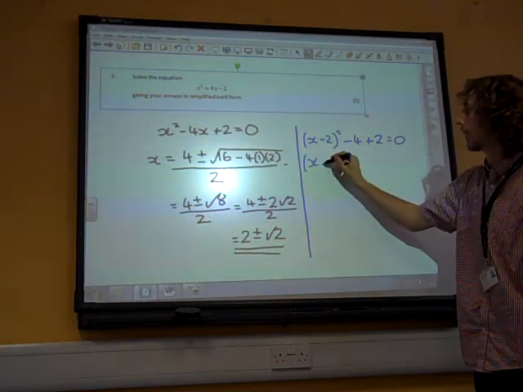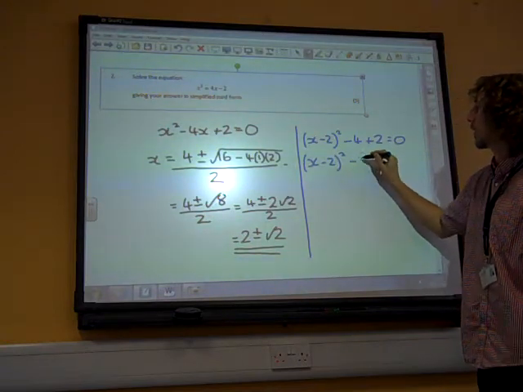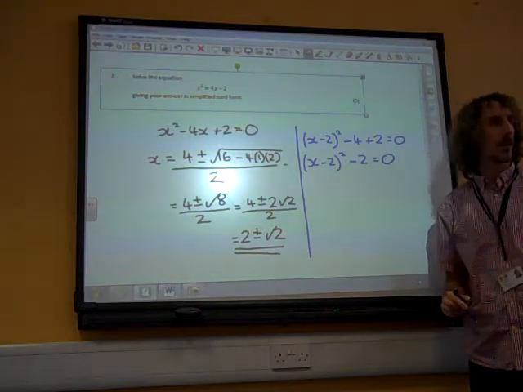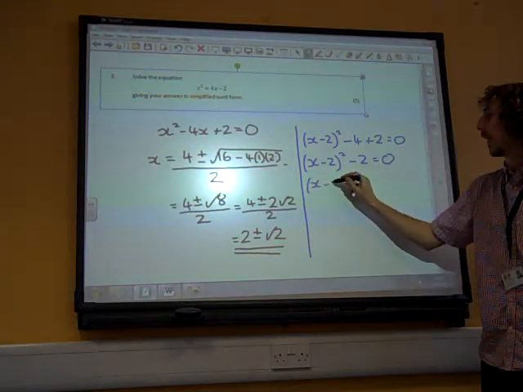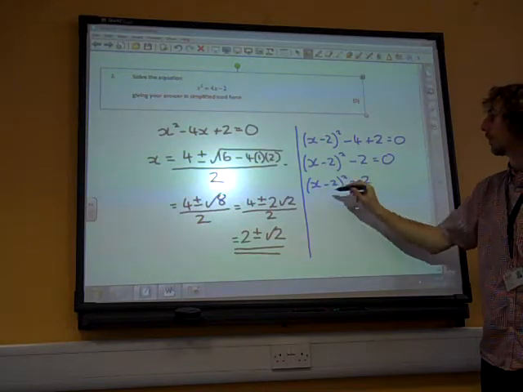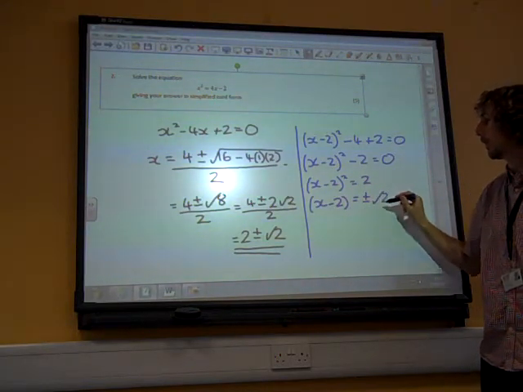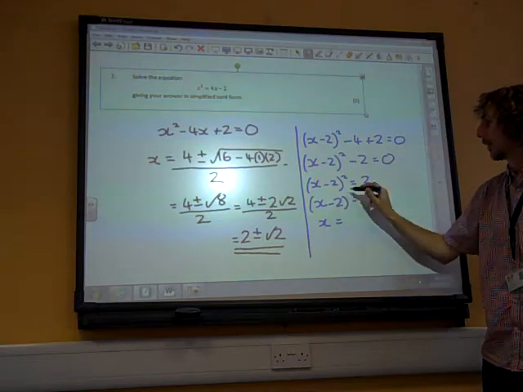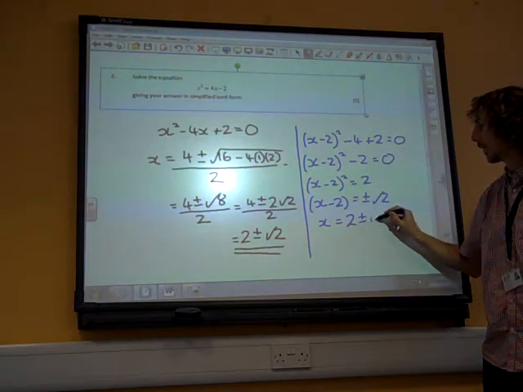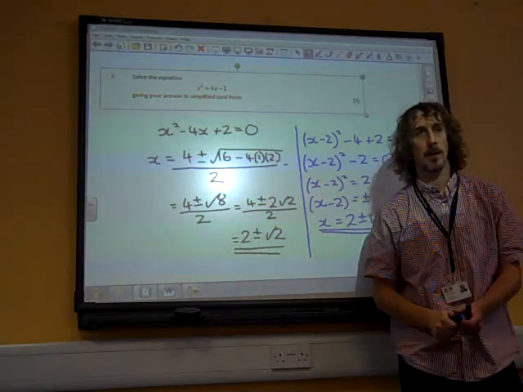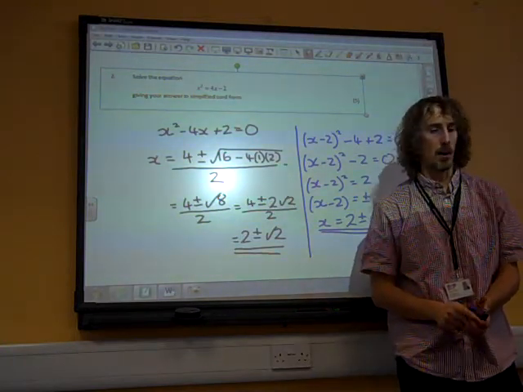So the completed square form has a minus 2 there like that. And then if we rearrange that to make x the subject, x minus 2 squared equals 2. So x minus 2 is plus or minus the square root of 2. So x is, take the 2 over, 2 plus or minus root 2. And incredibly, we get the same answer. Either way with 5 marks.